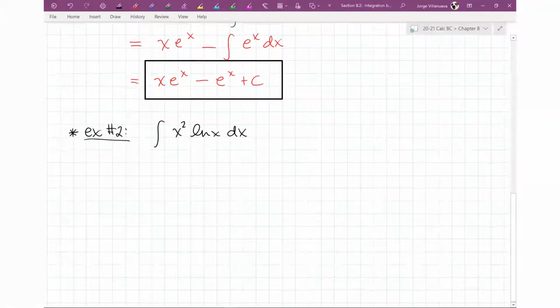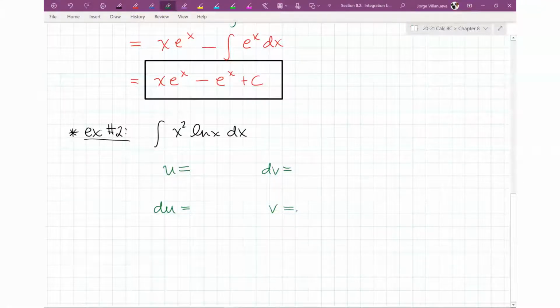So, all right, here we go. So u, du, dv, and v. So remember, the first question I ask myself is there something there that I do not know how to integrate?